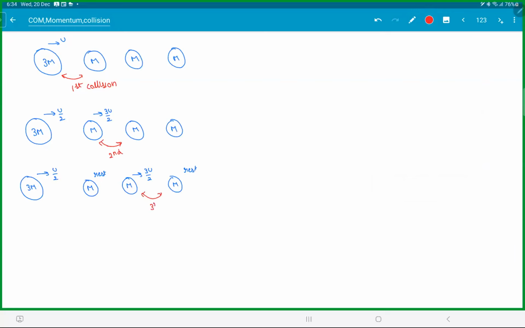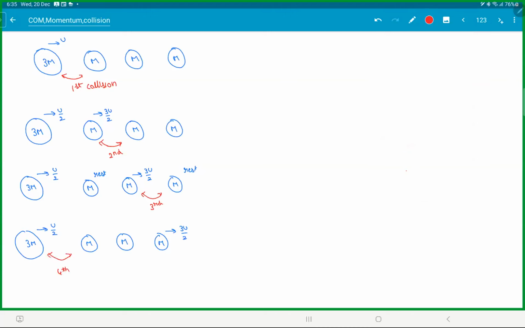This is the third collision. This is still going with u by 2. This came to rest, this came to rest, and this guy has gone with 3u by 2. Now again, these two will collide.